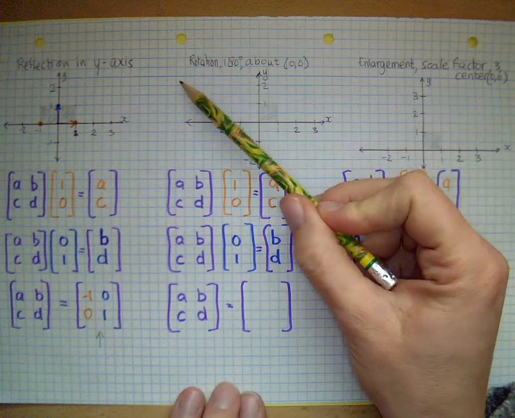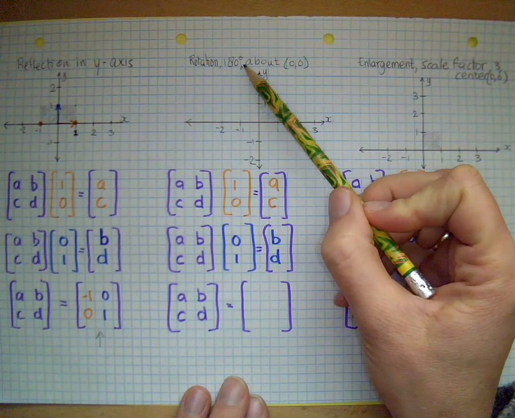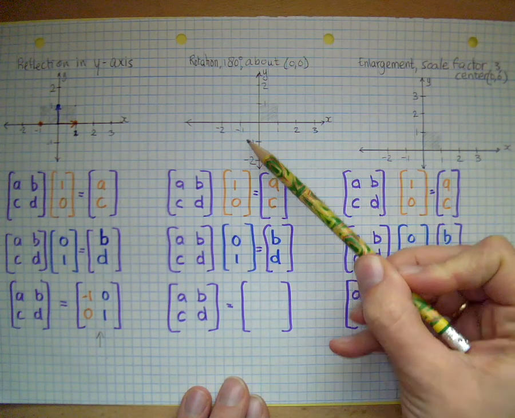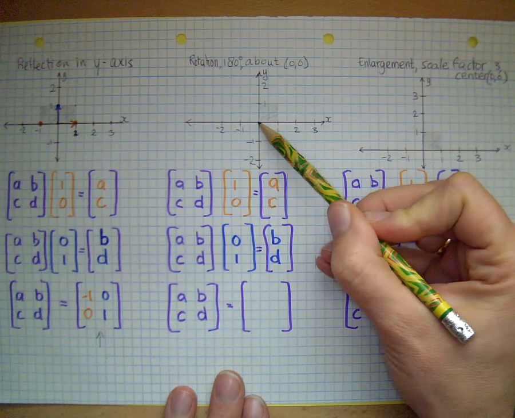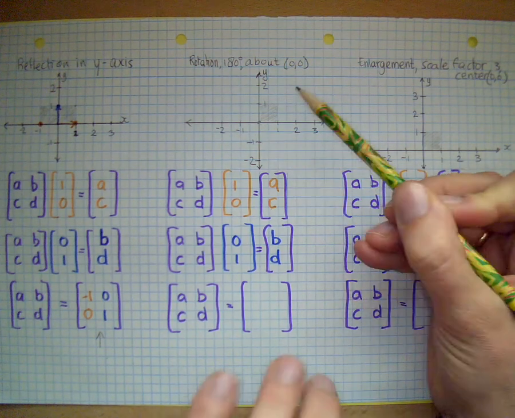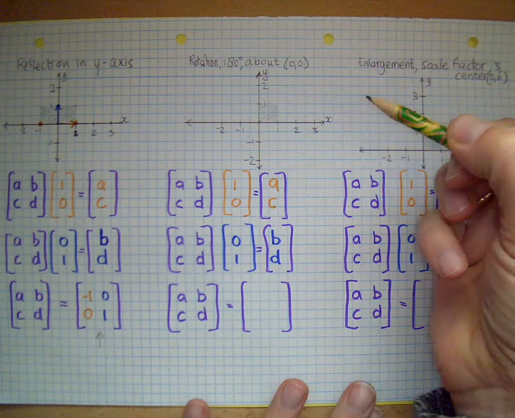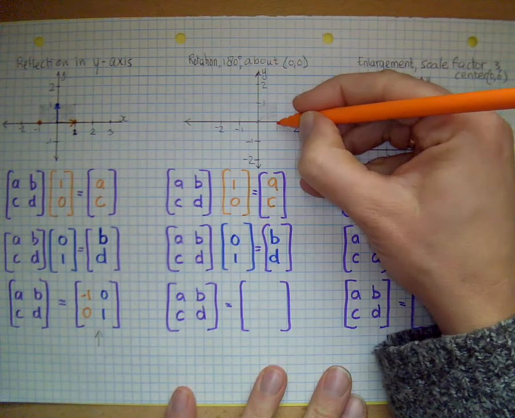We want to find out what is the transformation matrix to do a rotation of 180 degrees clockwise or counterclockwise. It's the same because it's 180. About the point 0, 0. So the center of the rotation is the origin. Okay, let's recognize our vectors first.